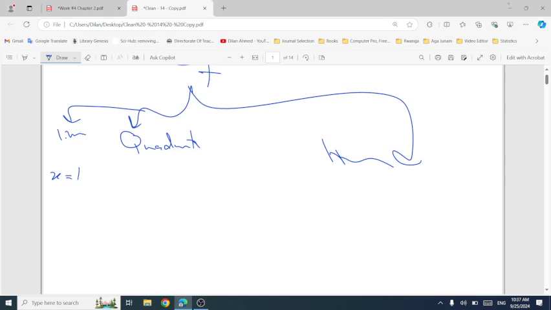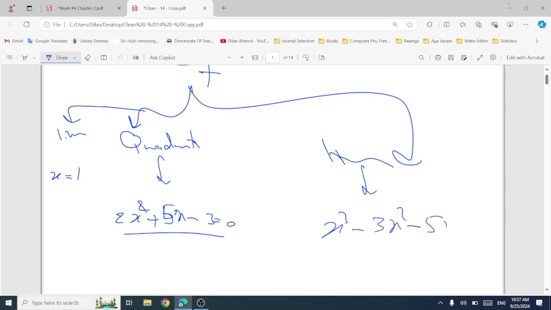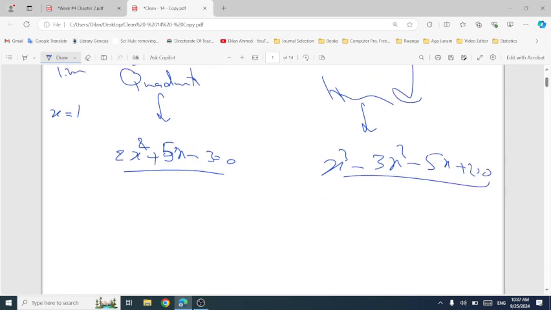That one is a linear equation. For quadratic, maybe we have 2x squared plus 5x minus 3 equal to 0. That one is called quadratic equation. So it means x to power 2. Higher equation like x to power 3 minus 3x to power 2 minus 5x plus 2 equal to 0. That one is a higher equation.